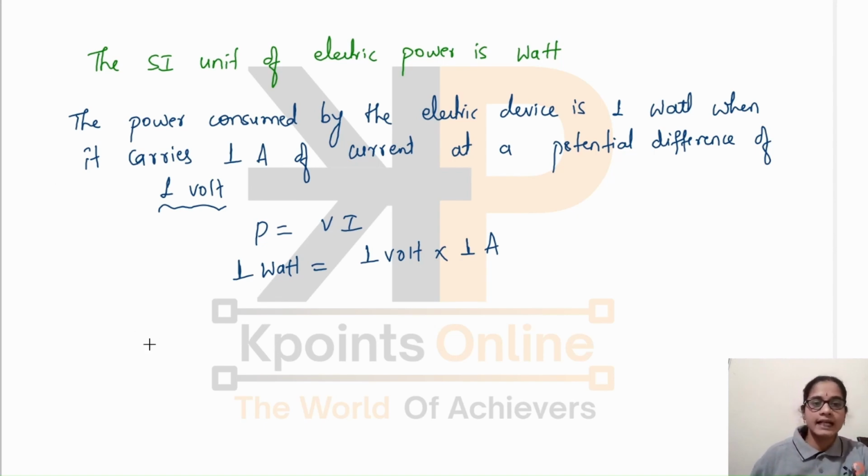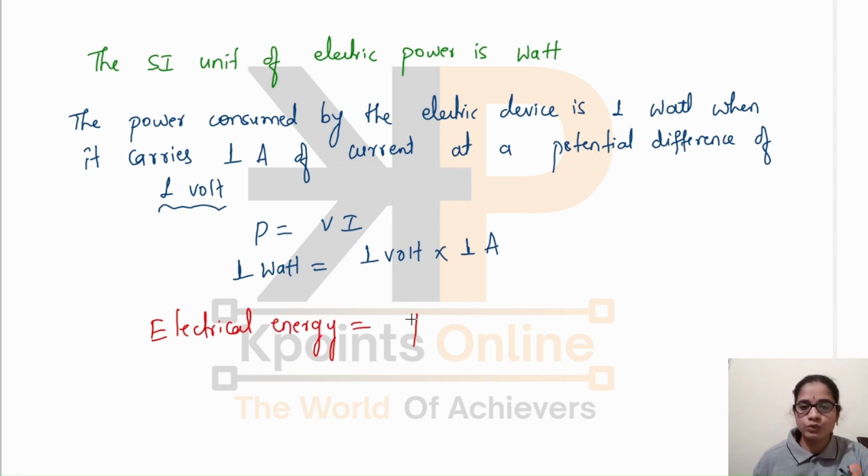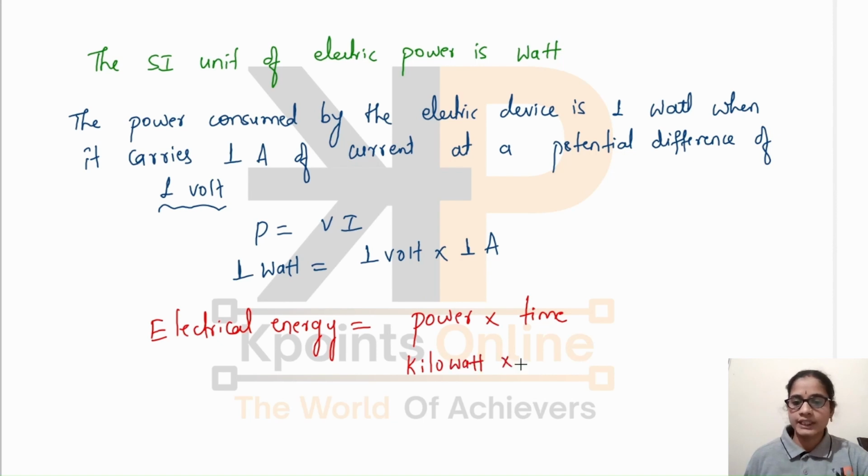We know that electrical energy is equal to power into time. So for power we will use the larger unit, kilowatt, and for time we will use hour, so that the commercial unit of electrical energy will be kilowatt hour.